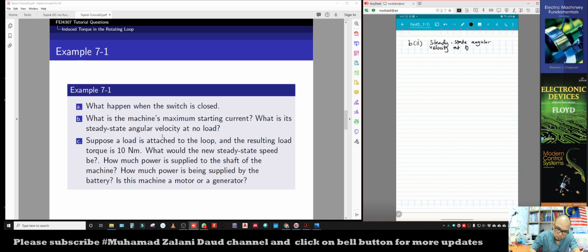At the instant our switch is on, the initial torque is 0. So we can say that the torque induced at that time is still 0.